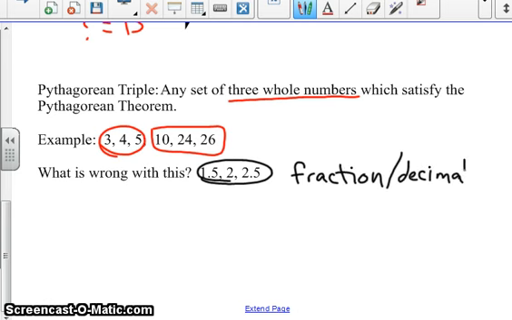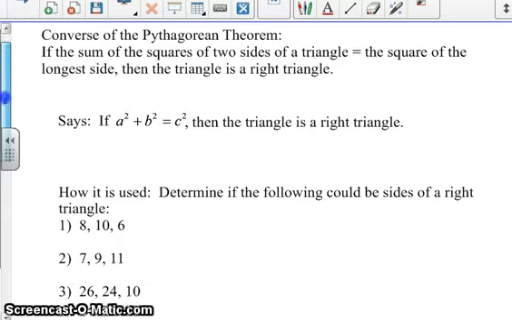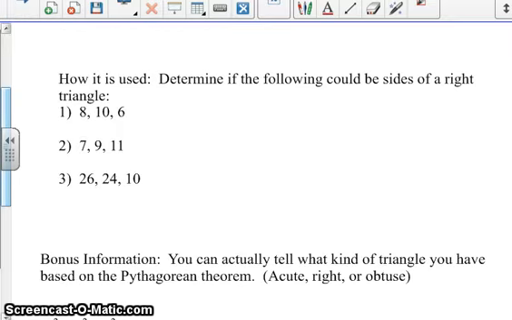Okay, the next thing we're going to look at is what we call the converse of the Pythagorean theorem, and it just works it backwards. In other words, we know all three sides, we substitute in and see if it works for a right triangle. So here we go. I have three sides, 8, 10, and 6. So first, which is my hypotenuse?